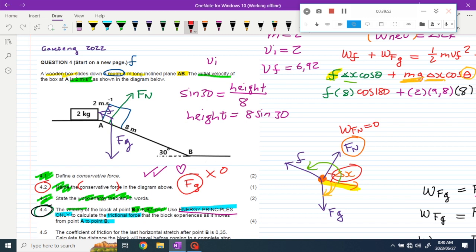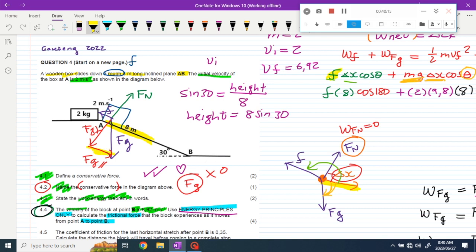We know Fg can be broken up into its components. We have Fg perpendicular and Fg parallel. Now, if you look at the components of Fg, only one of these components is parallel to the displacement. Which component of Fg is parallel to the displacement?